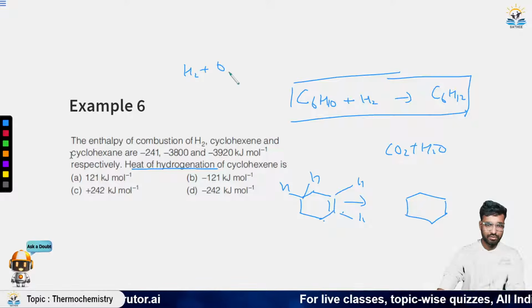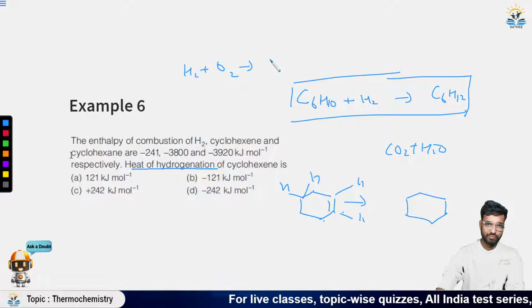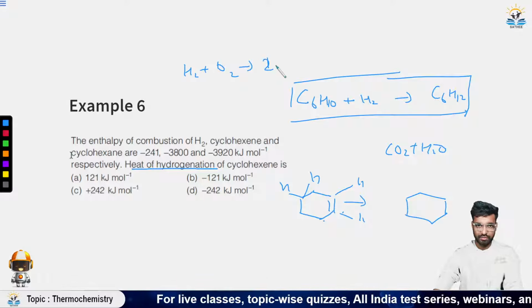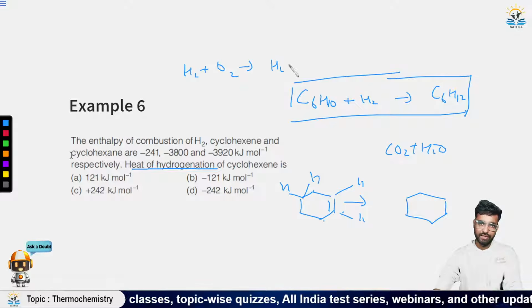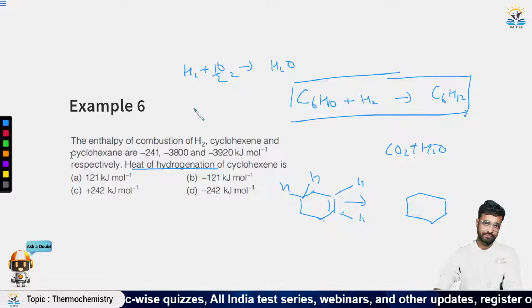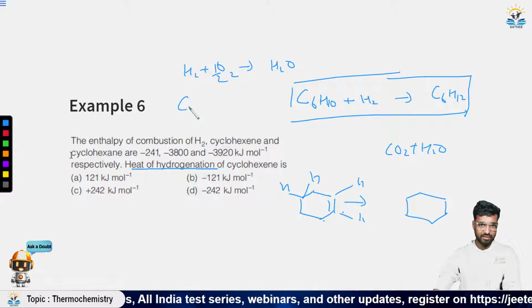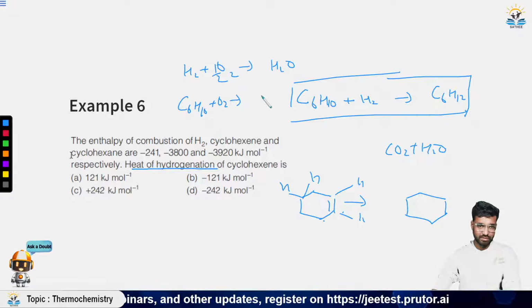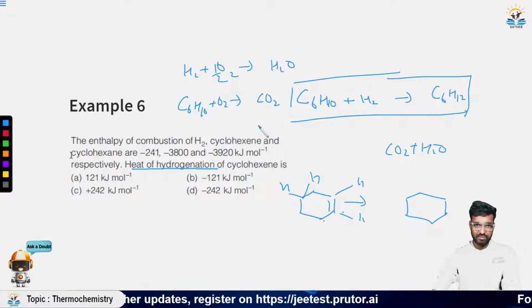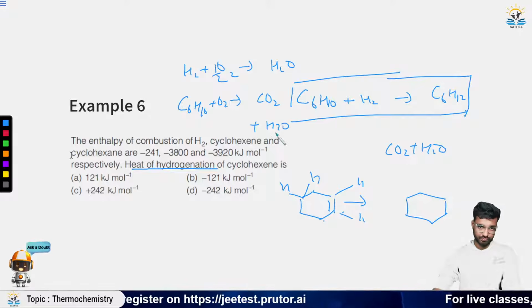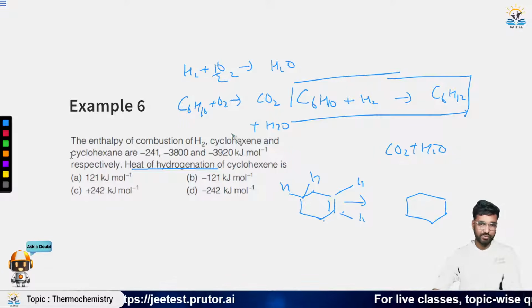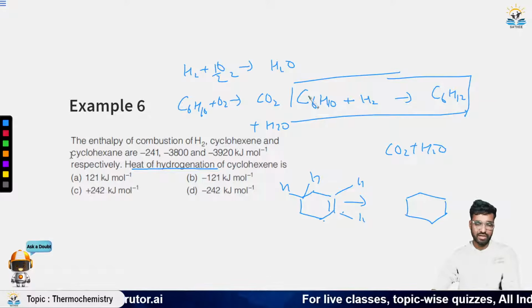So H2 plus O2 gives us H2O. Then we have cyclohexene, that is C6H10 plus O2, which gives us carbon dioxide plus H2O. You will balance the stoichiometric coefficients; I'm not doing it here. It is the formula n plus 1 by 2.